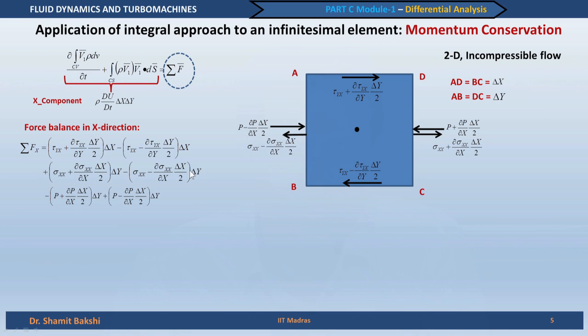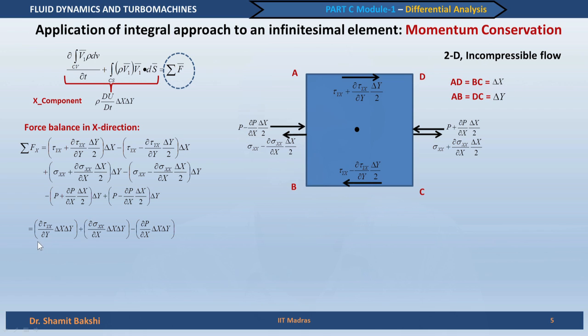Although this expression looks complicated, it can be simplified, because if you look at it carefully, we see these two components cancel out, and these two components can be clubbed together. For the shear stress, it can be written as del tau yx by del y multiplied by del x into del y, and similarly for the normal stresses and the pressure.